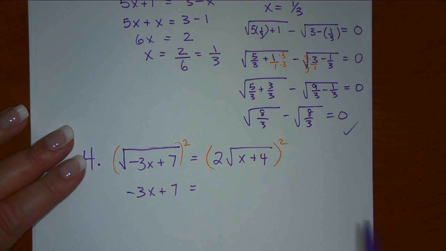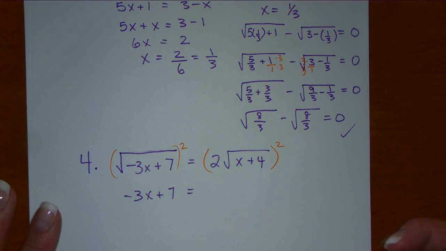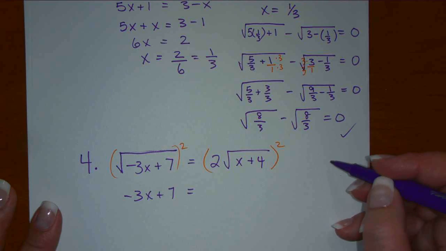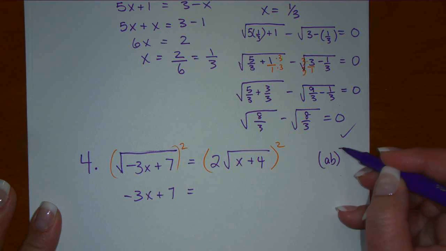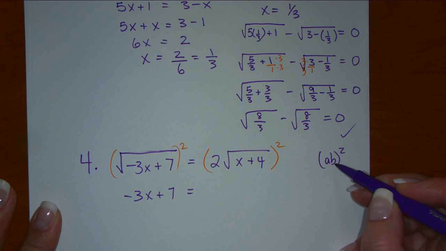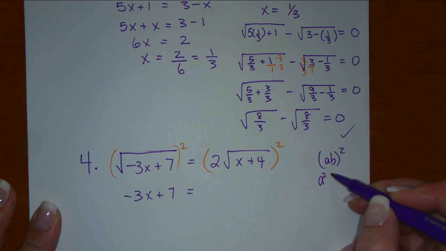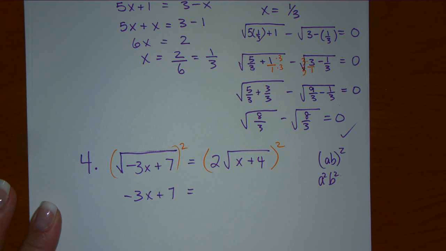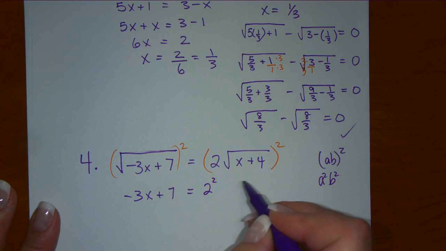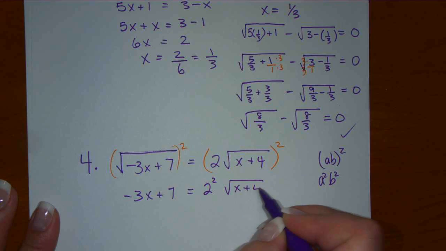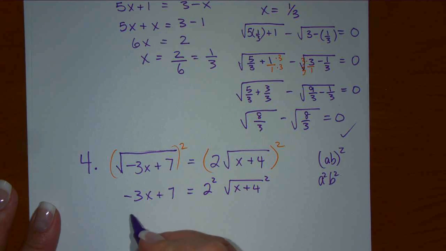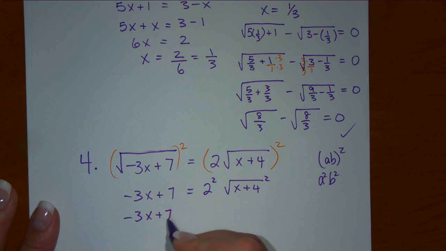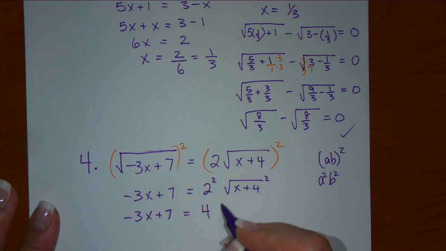What about this side? What do we do with that squared? So the rule when we have a bracket squared with 2 things that are multiplied is you square both. So we would square the 2 and then square. So we have 2 squared is 4 times x plus 4.